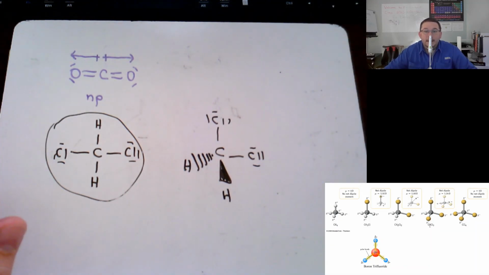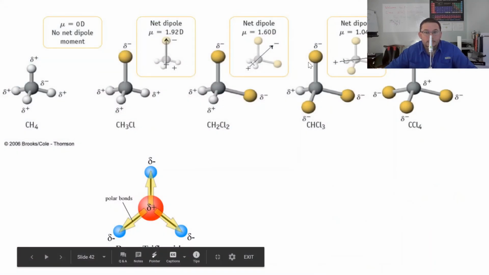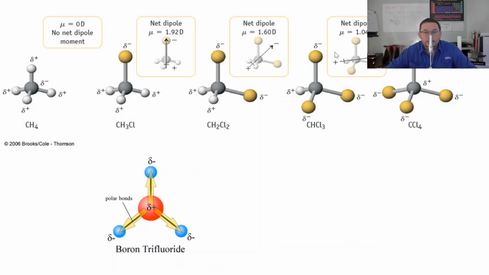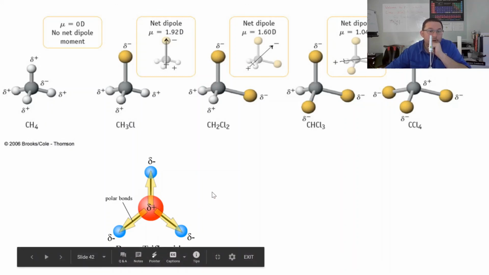And then again, we have 3 chlorines over here with 1 hydrogen, still going to be polar. And then if we have all chlorine surrounding, it becomes nonpolar, just like CH4. Okay. Down here we have boron trifluoride.